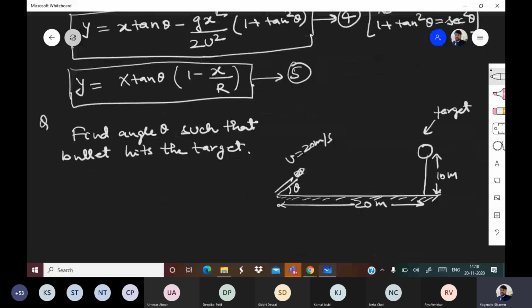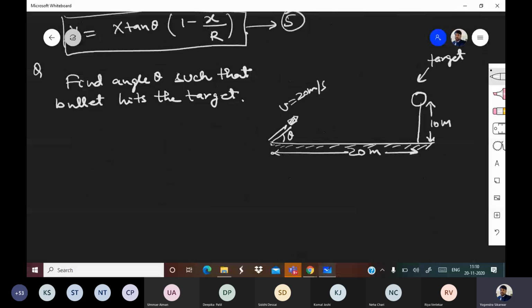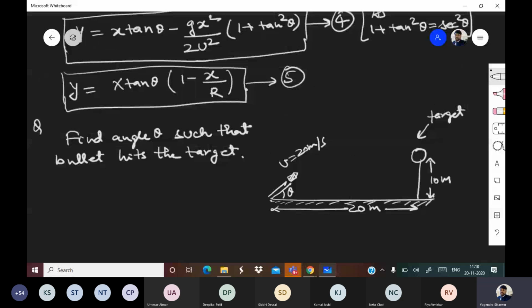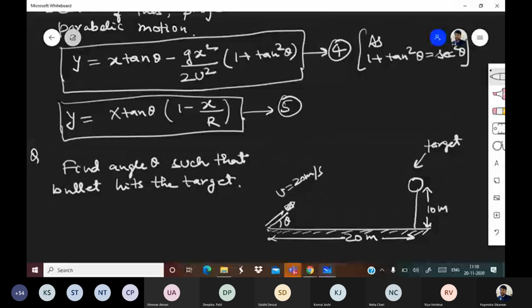Now, in this question, listen carefully. In this question, it is asking about angle. Now, out of the three formulas which we have, the fourth formula prominently talks about angle. Okay, so I'm going to use equation 4.